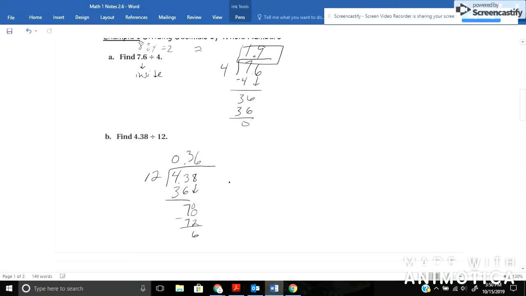And remember, that's not enough, so I can always add zeros to the end to bring down. 12 goes into 60 5 times. And 12 times 5 is 60, so I'd have nothing remaining. So my answer is 0.365 or 365 thousandths. Box my answer, and my work is all right there.